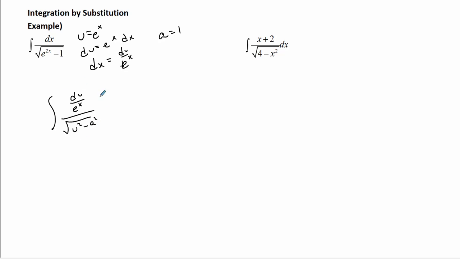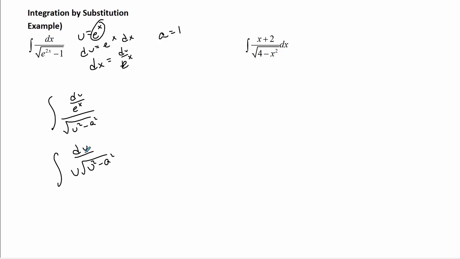Well, let's reevaluate this a little bit, and I'm going to get du over e to the x root u squared minus a squared. But what is e to the x? Well, e to the x is u. So I'm going to take away that e to the x and put a u there.